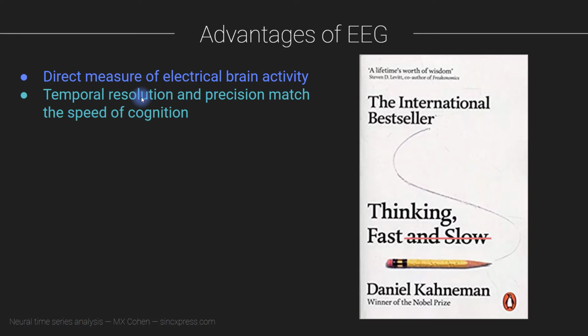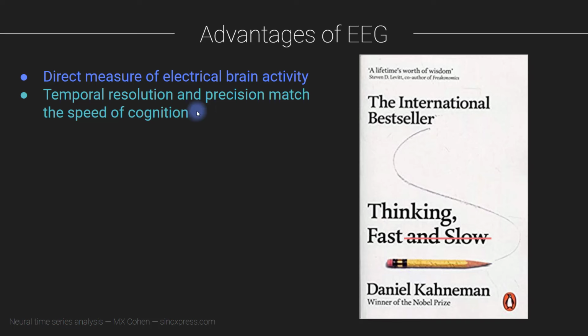Another advantage of EEG is that its temporal resolution and also its temporal precision are really high. So we can measure EEG at 1 kilohertz and much higher, so 1 data point every millisecond. And we can also measure faster than 1 data point every millisecond. The reason why this is important is that cognition happens at the speed of tens of milliseconds to hundreds of milliseconds to a few seconds.